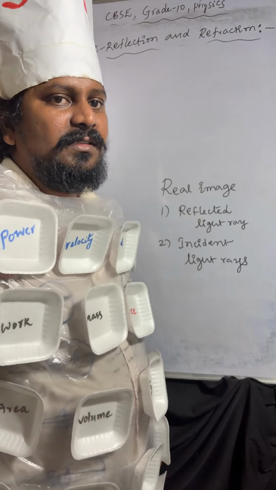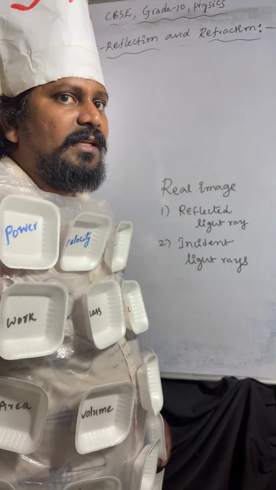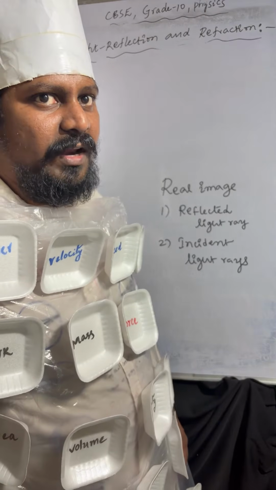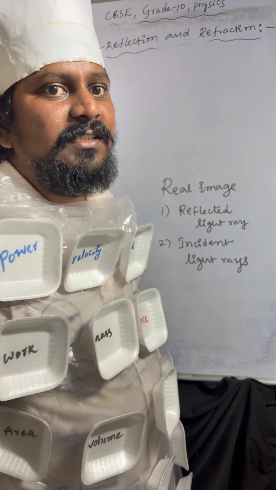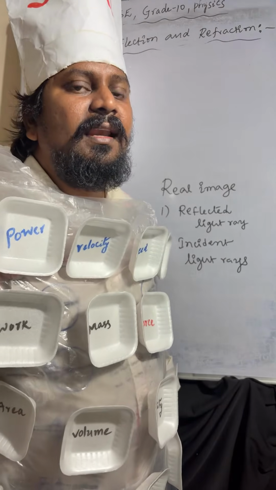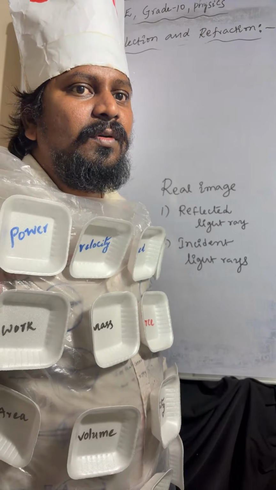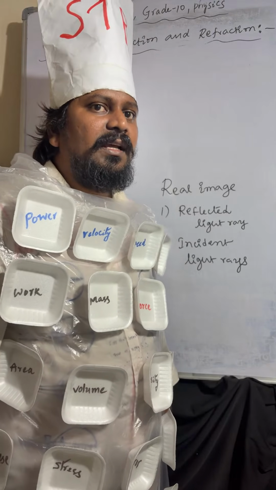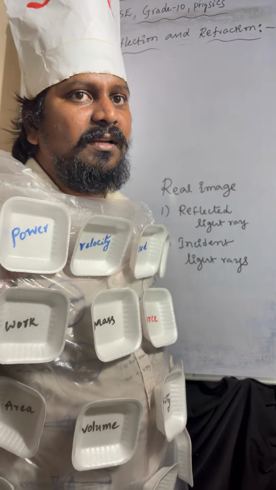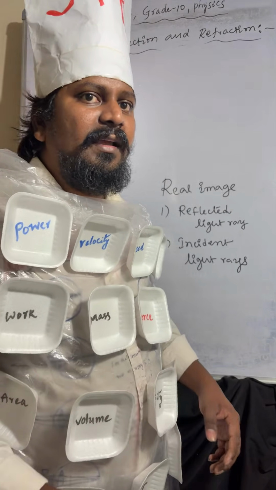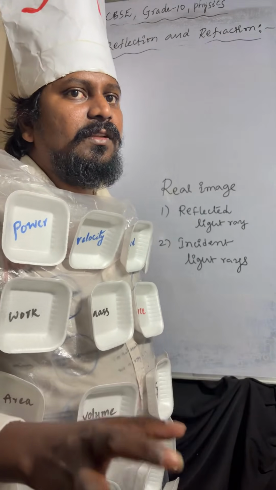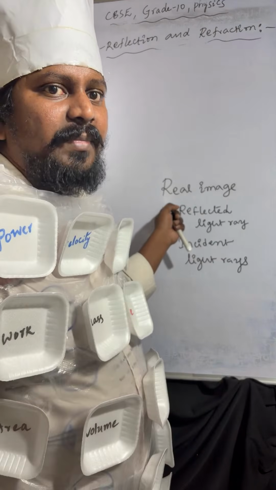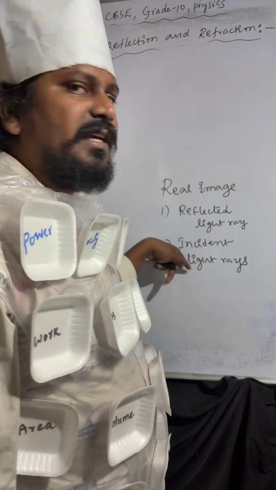I'll count 5 counts. Those who know the answer, you can comment in the comment section: 1 or 2. Type any one option. Real image is related to which? Those who already answered, no need to answer again. Remaining students, you can answer this question. Real image is related to reflected light rays or incident light rays.